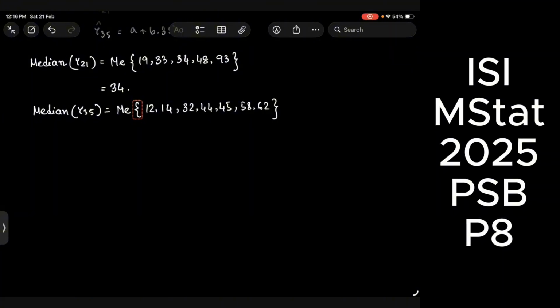Correct? So what is the median over here? 44.